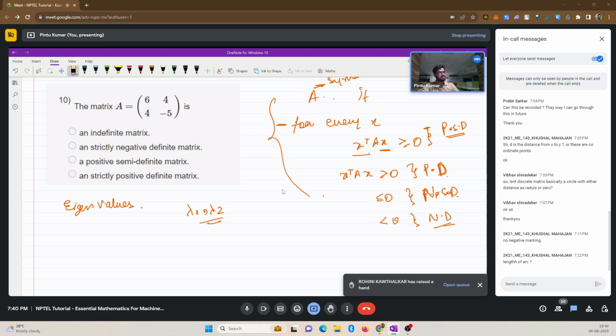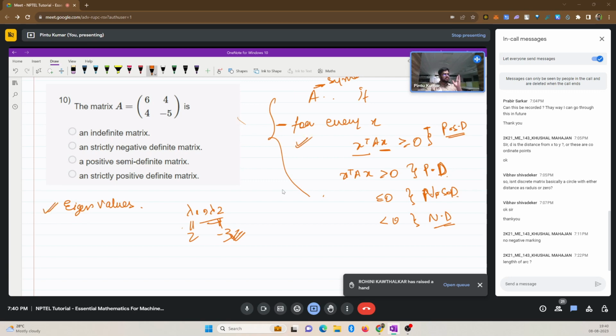If strictly less than 0, this is negative definite. And if, let's say, lambda 1 was 2 and lambda 2 was minus 3, so their signs don't match, then in that scenario it would be an indefinite matrix. Okay. So one characterization was via the definition, and the second characterization is via eigenvalues.